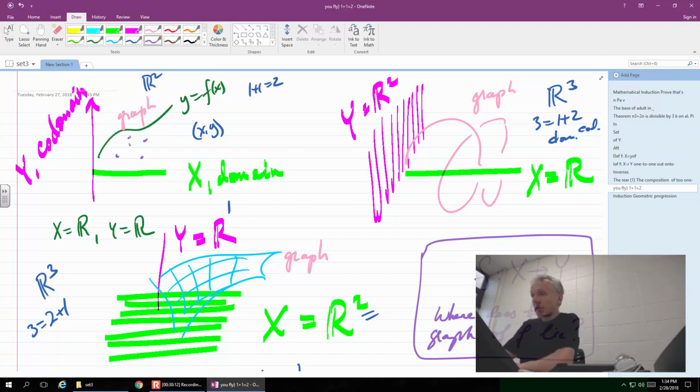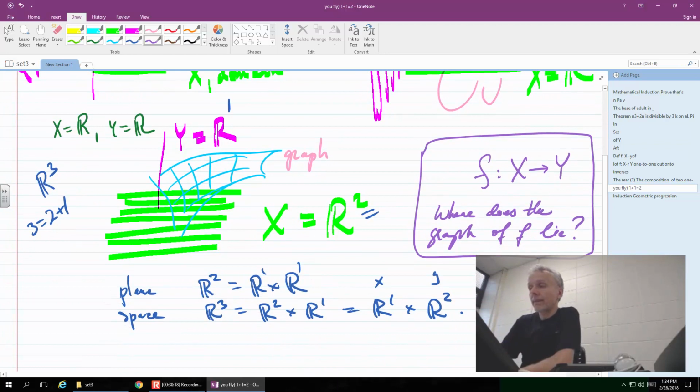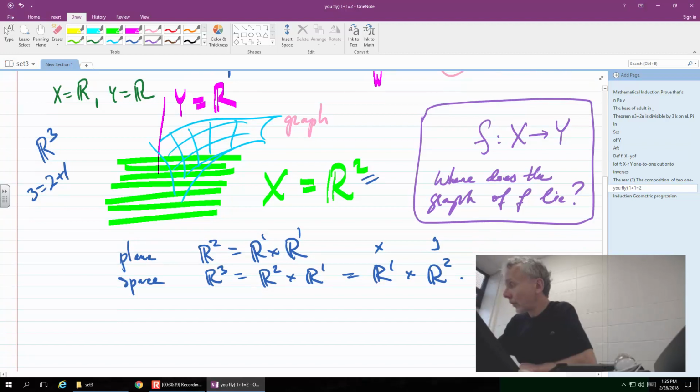The idea is all here. It's about pairs of elements. Since the graph has to contain all x's and all y's, combined somehow between them, we follow that idea. It turns out that you don't need any particular structure on those sets. You can form a Cartesian product of two sets very simply. So that's the definition.